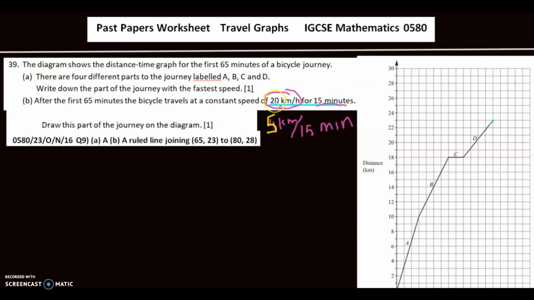So it's 5 kilometers rise and 15 minutes run. 15 minutes means 3 boxes ahead, and 5 kilometers means 5 boxes up. So this is the point. We make a straight line from here till here.